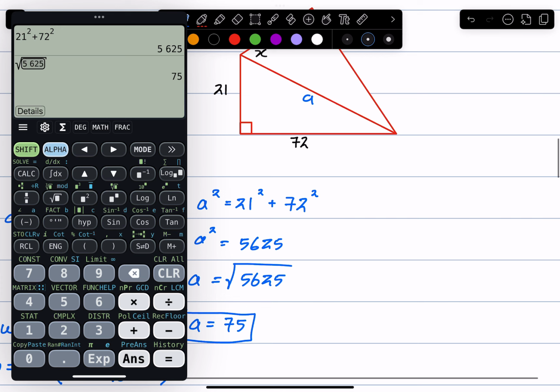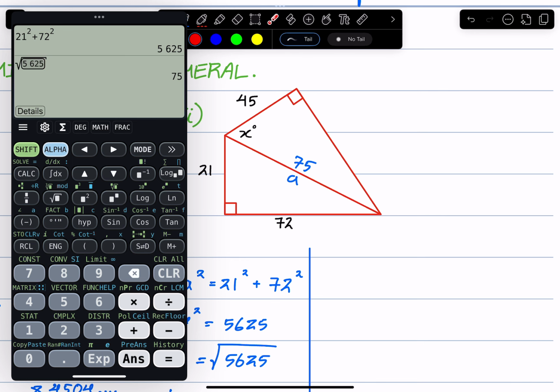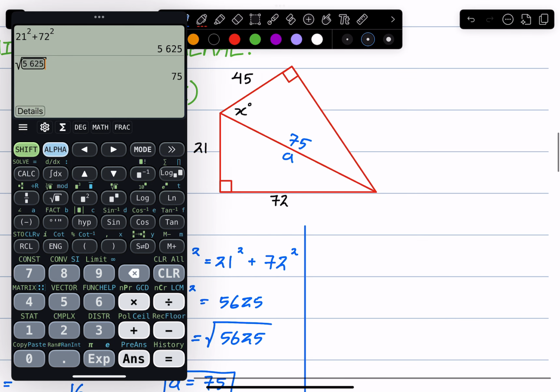But now that we have this side of 75, take a look. Going back to this second triangle, we now have in this second triangle the adjacent and the hypotenuse from x. So adjacent and hypotenuse is cosine.